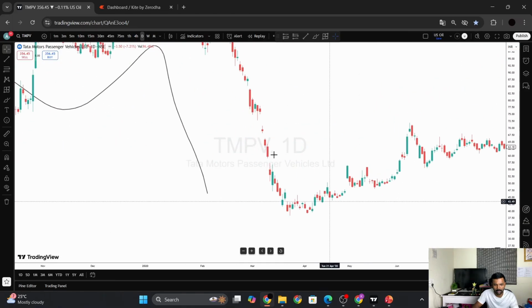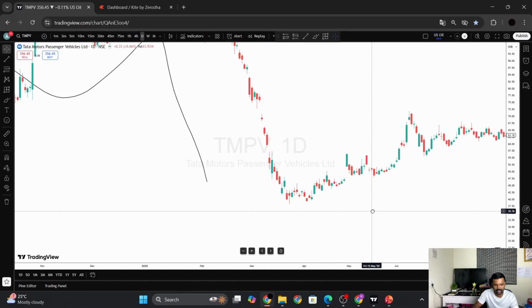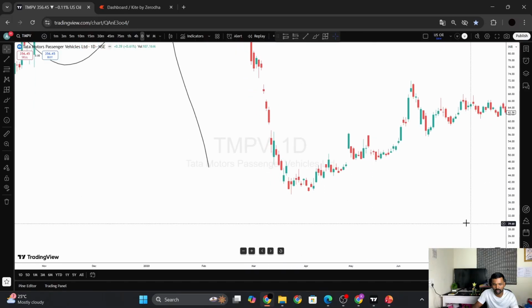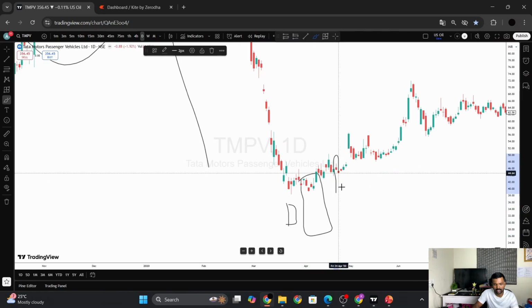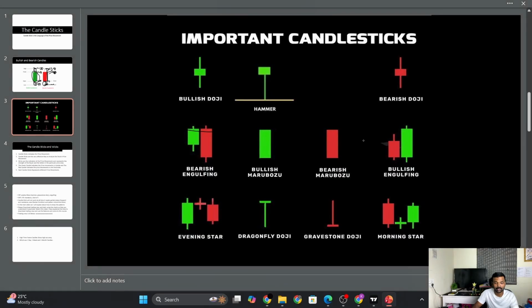Basically, a lot of red candles are there. It should form like this: there will be a red candle, and after that a big green candle, then again a green candle, so then it will move up. That is called bullish engulfing.